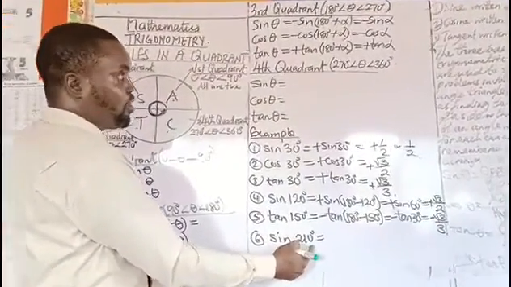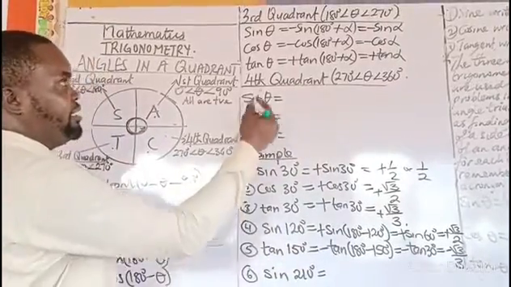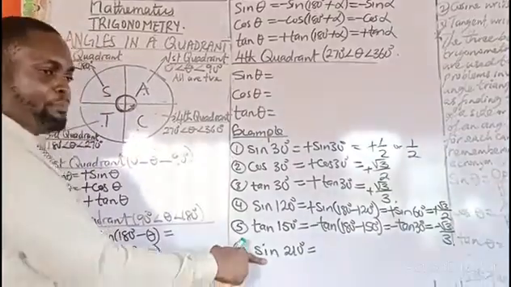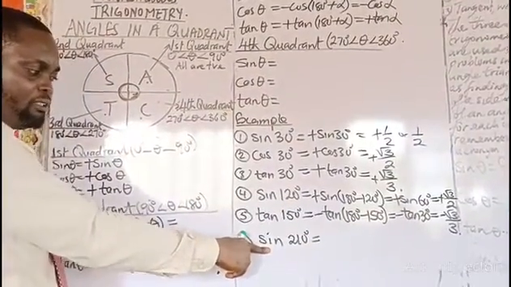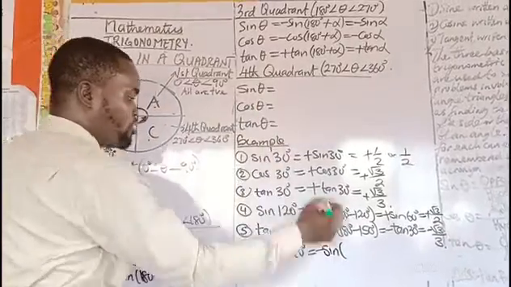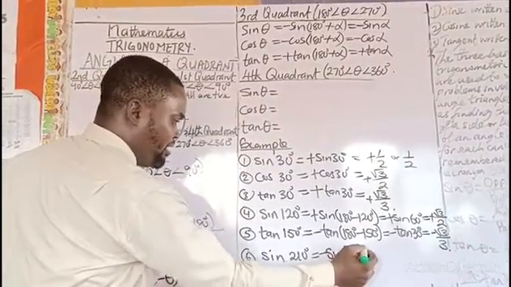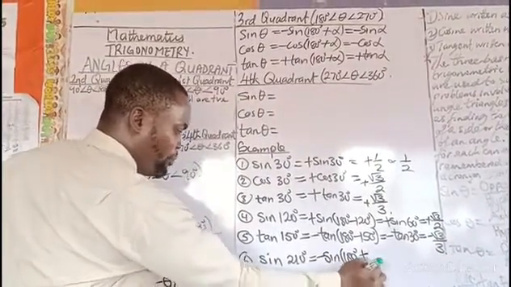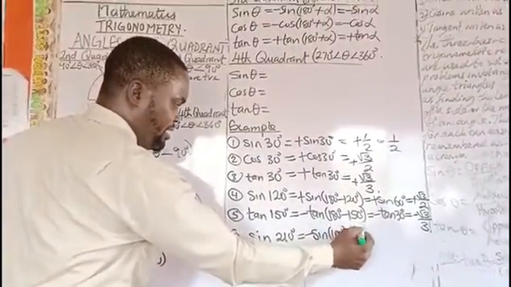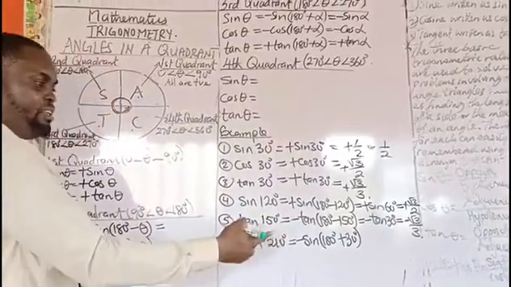So it falls in the third quadrant, between 180 and 270. Is sine plus or minus in that quadrant? Minus. So write minus sine. 180 degrees plus what will give us 210? 30 degrees.